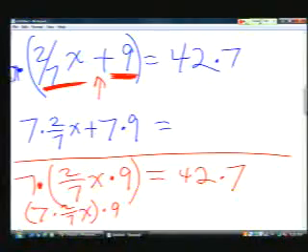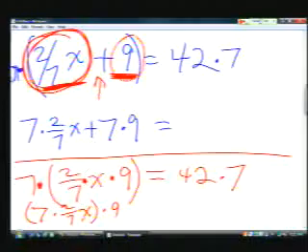In fact, if you really wanted to, when we say 2/7 x, it's 2/7 times x. So you can call 2/7 a term, x is a term, and 9 is a term. But it's way, way different than this up in here. Up here we have 2/7 x is a term, and 9 is a term because it's separated by a plus sign.